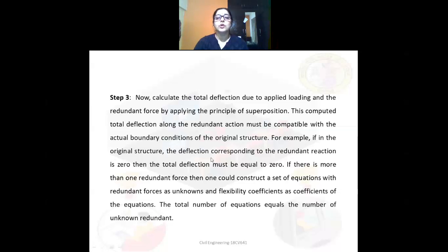For example, if in the original structure the deflection corresponding to the redundant reaction is 0, then the total deflection must be equal to 0. If there is more than one redundant force, then one could construct a set of equations with the redundant forces as unknowns and flexibility coefficients as coefficients of the equations. So the total number of equations equals the number of unknown redundants.